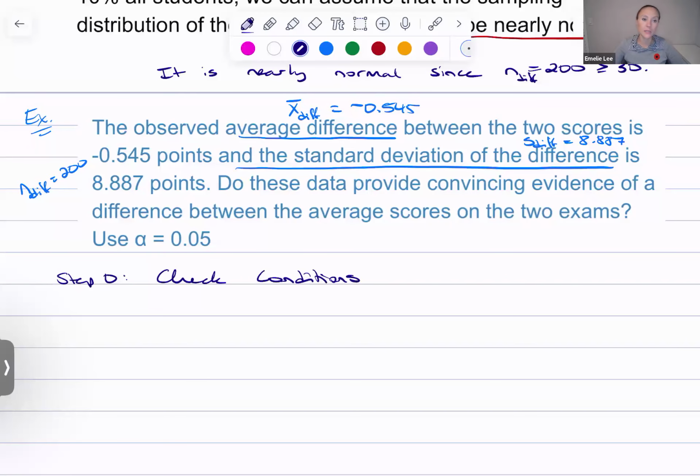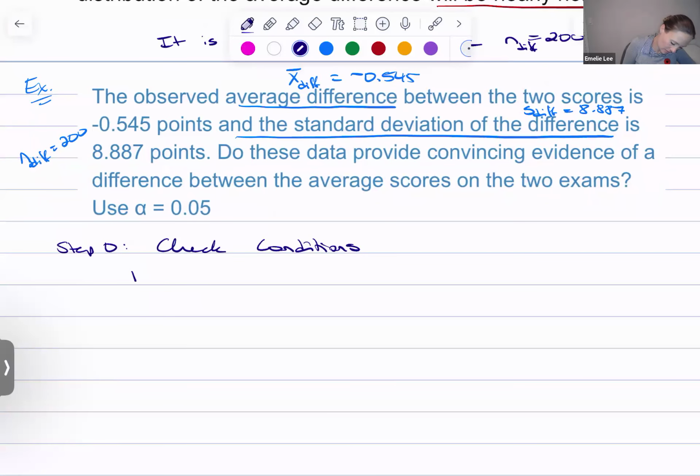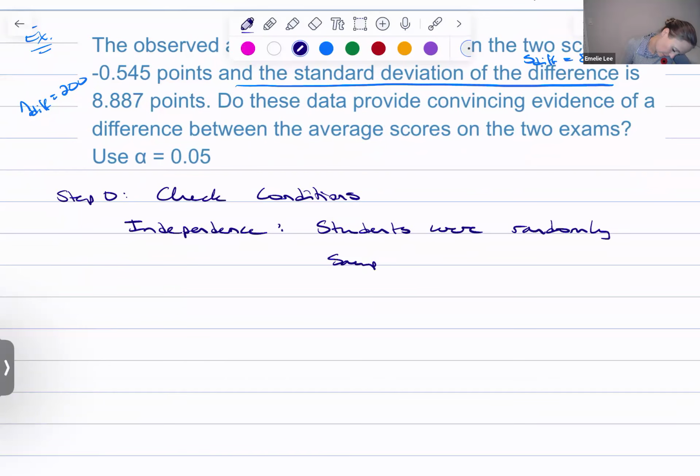I'll just do it briefly. And so the independence condition: students were randomly sampled. So what that means is the differences are all independent of each other, right?